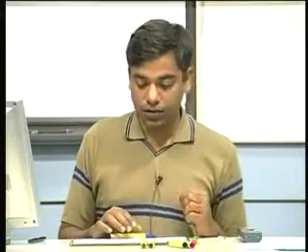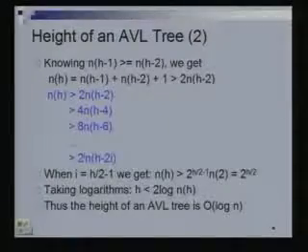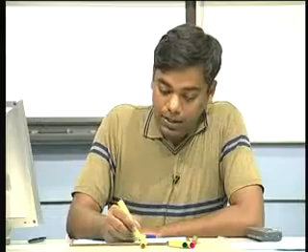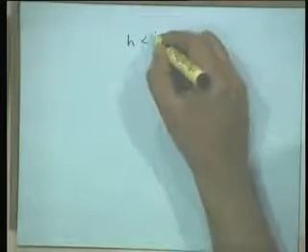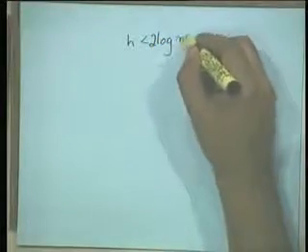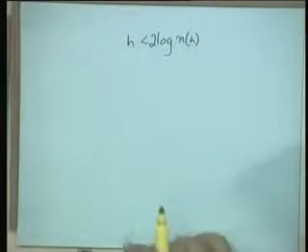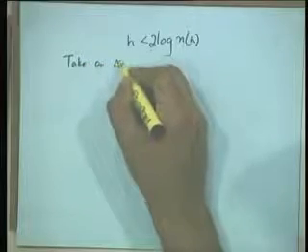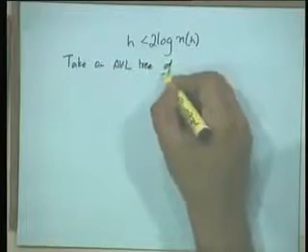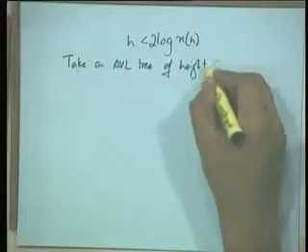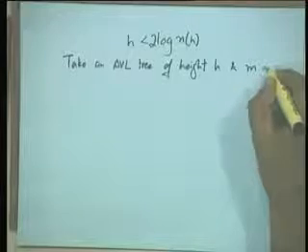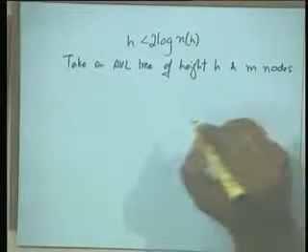Okay, if you are getting confused, let me just clarify this. What we argued here was that h is less than 2 times log of n of h. Now take an AVL tree of height h and let me call it m nodes.